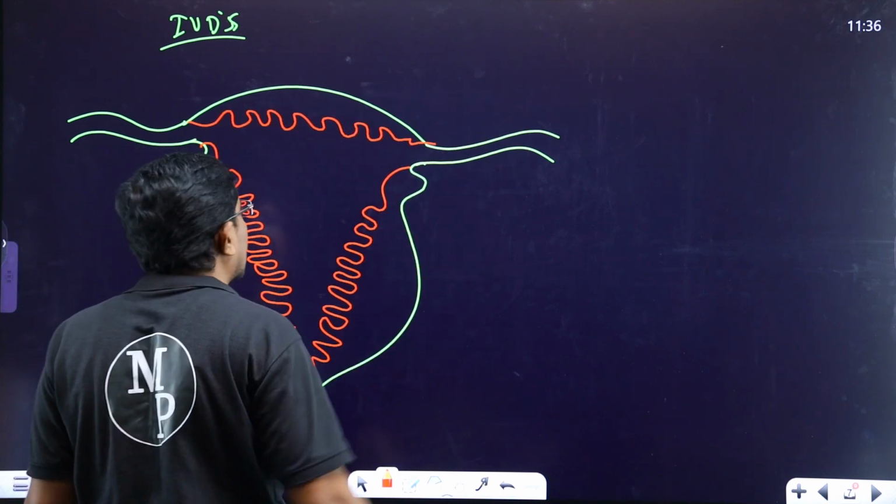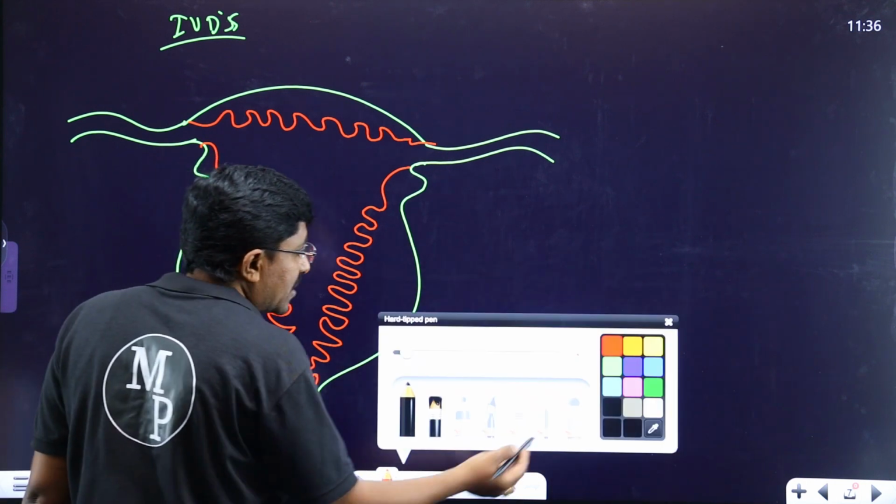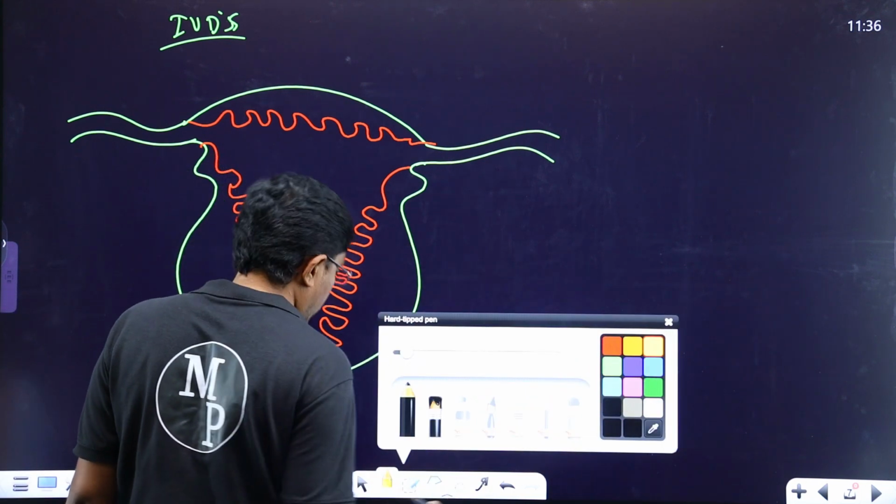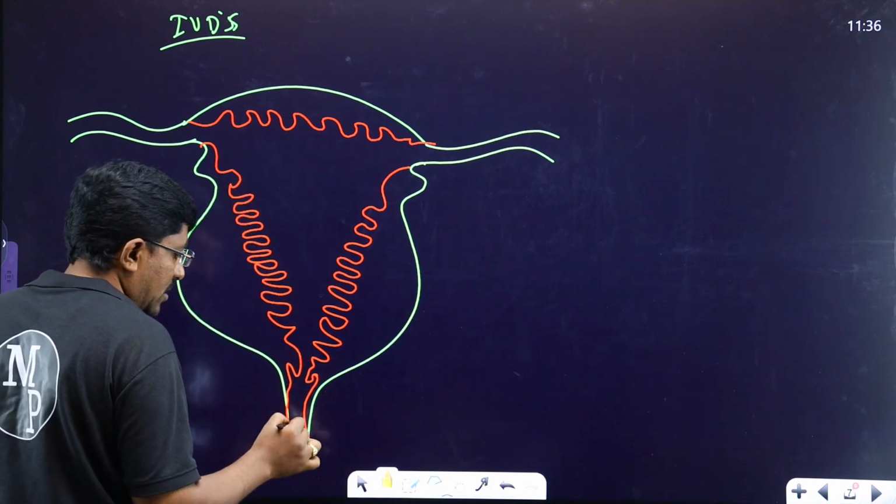Through the vaginal orifice, these devices are placed inside.